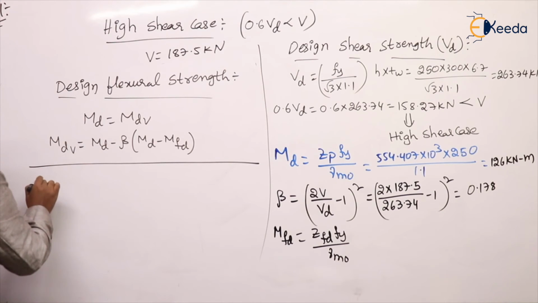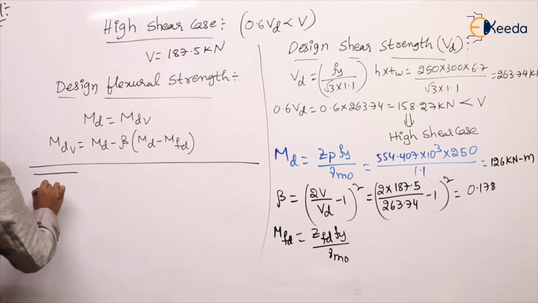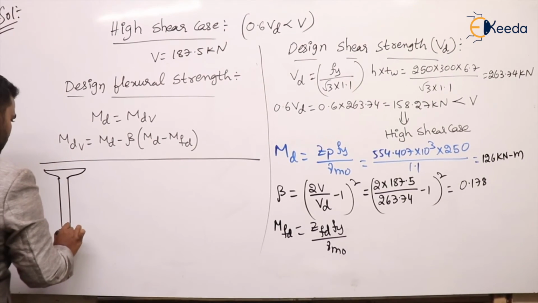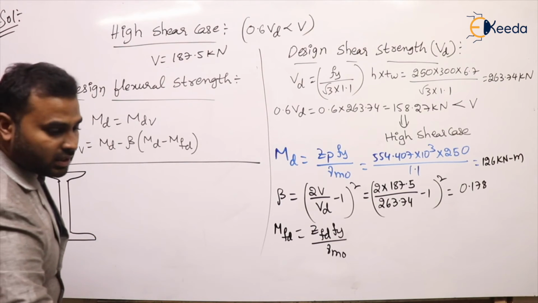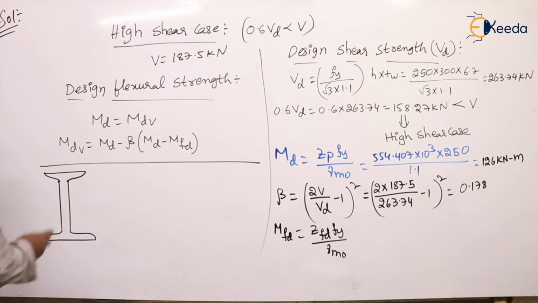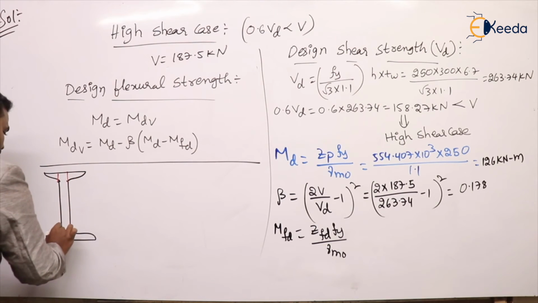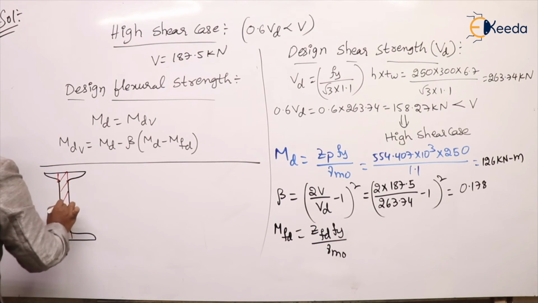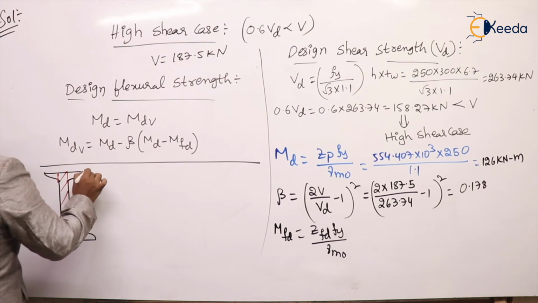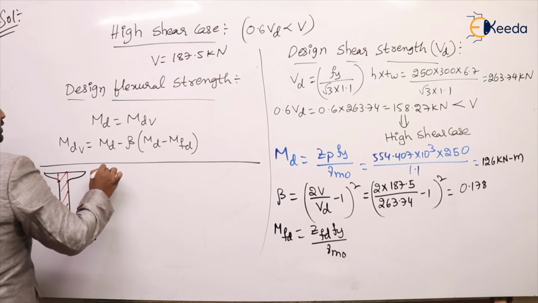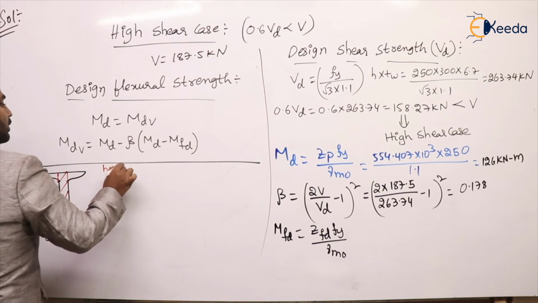So let me draw the I section again. In this I section, what is the shear area? The shaded region with the red color is the shear area. So the area of the shear is H into TW.